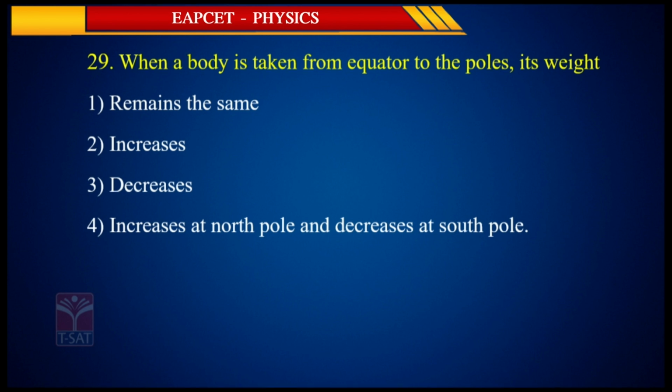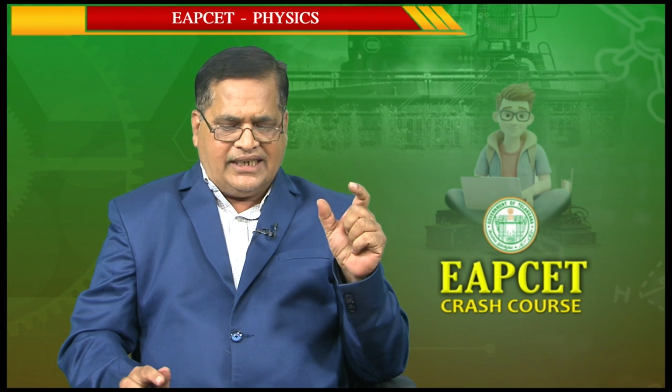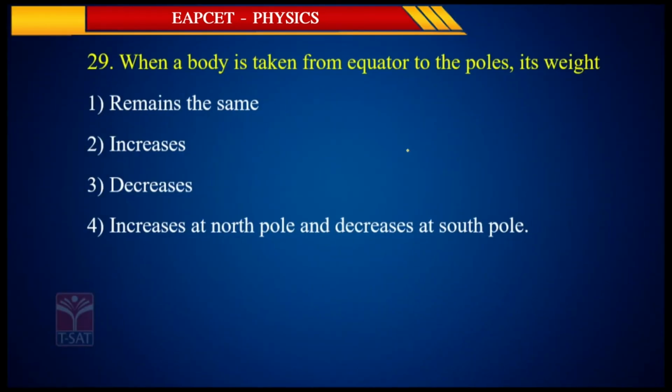You know that the acceleration due to gravity value at the center of the earth is 0. From the equator to the pole, at the equator it is approximately 9.78 meter per second square, and at the pole it is 9.83 meter per second square.